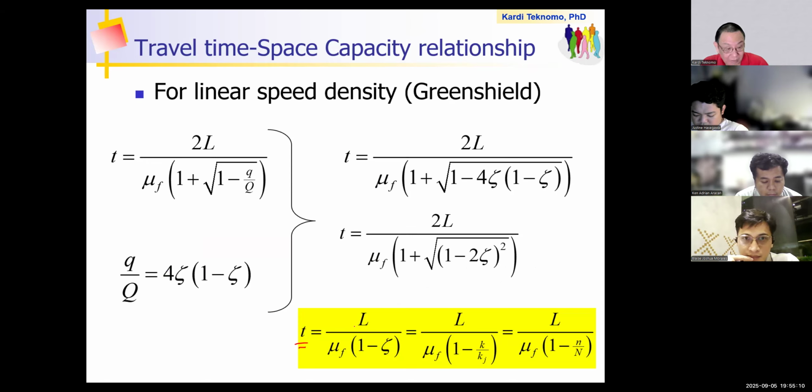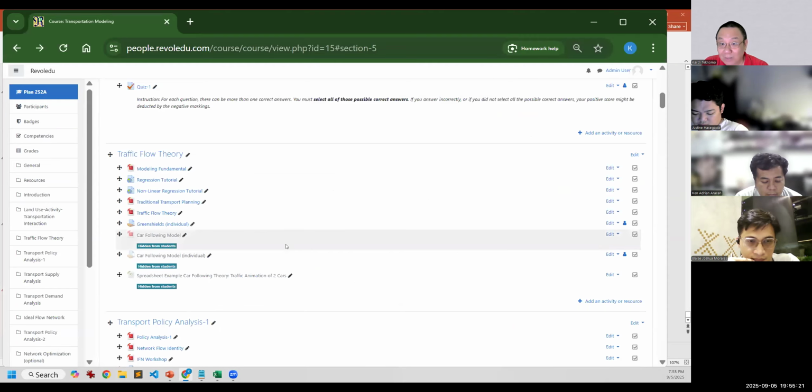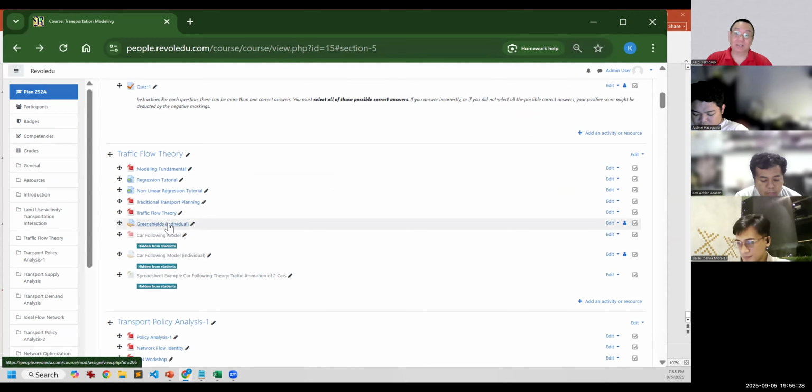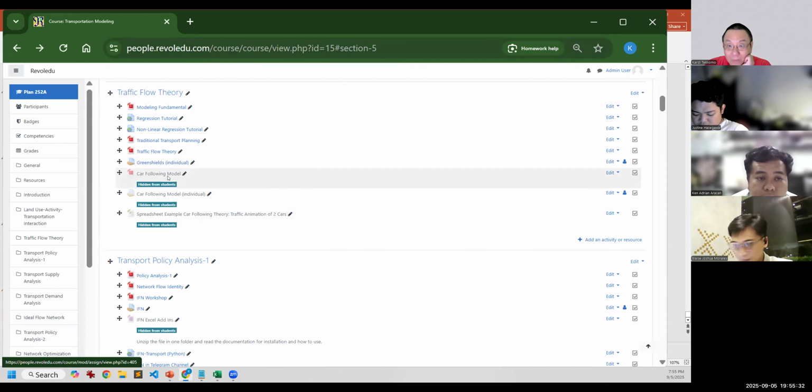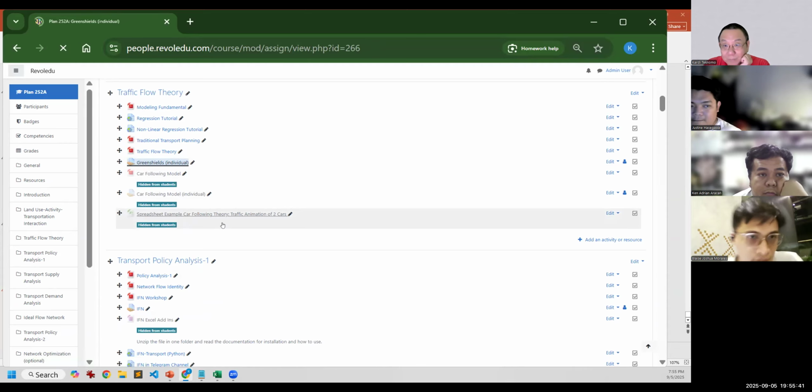With this, you can do the assignment in Moodle. You can use Excel.